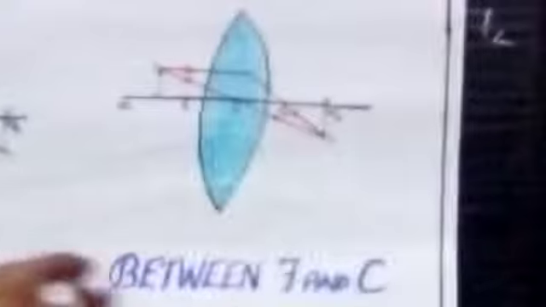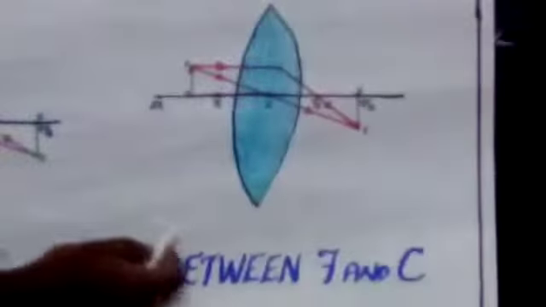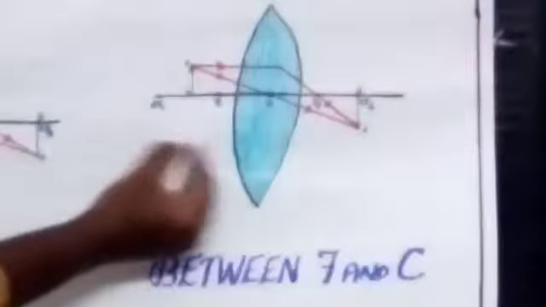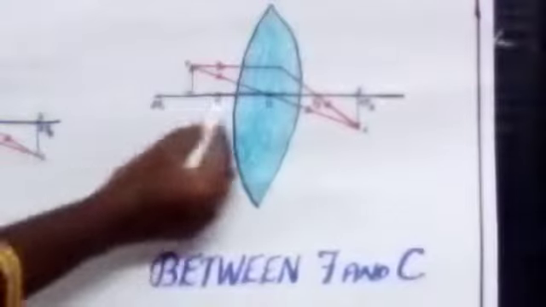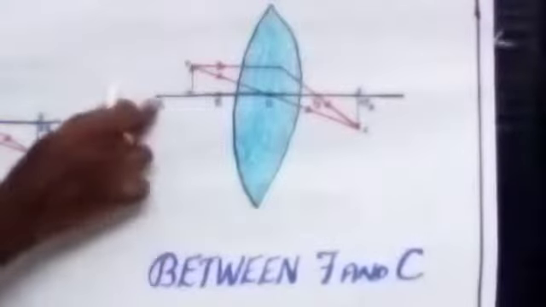The next one we are going to learn is when the object is placed between F and C. F denotes the principal focus, and C denotes the center of curvature. In between these 2 points, if you place the object, where can we get the image? The object is placed between F1 and 2F1, which means the center of curvature.